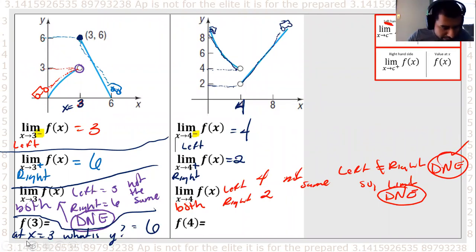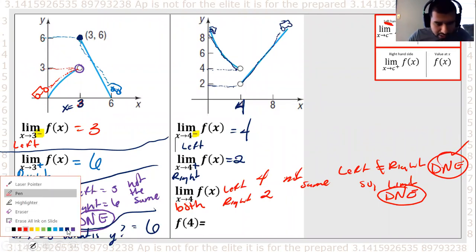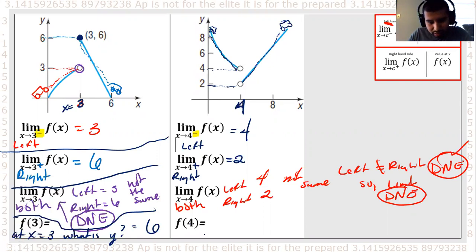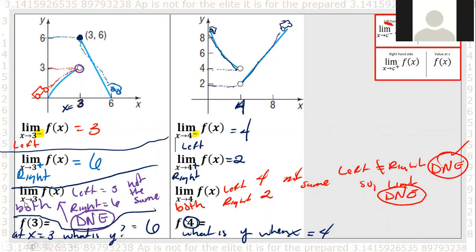Okay, last but not least, what is y when x is equal to 4. So what is y? Well, let's go ahead and look at it. I don't know about you guys, but I'm a little confused. There is no solid dot at x equals 4. So is there a value for that?